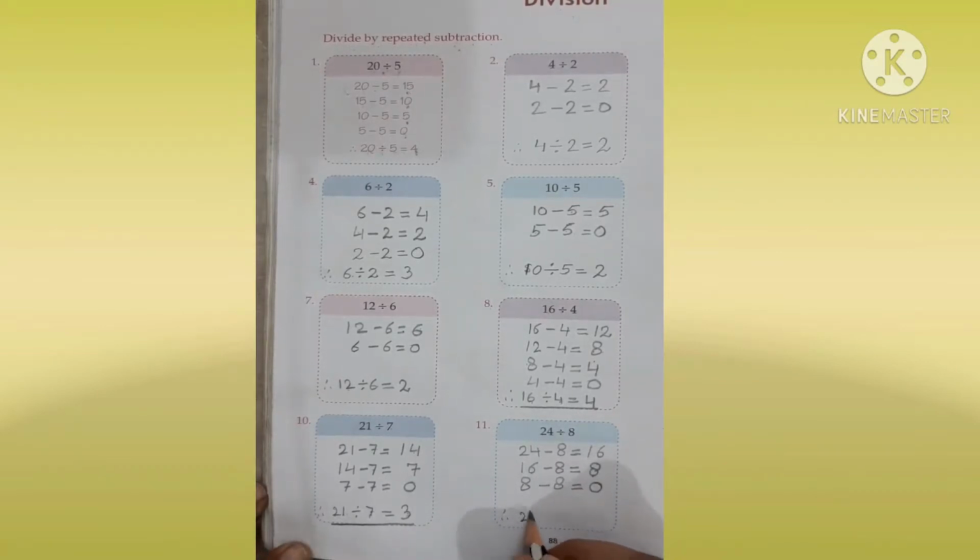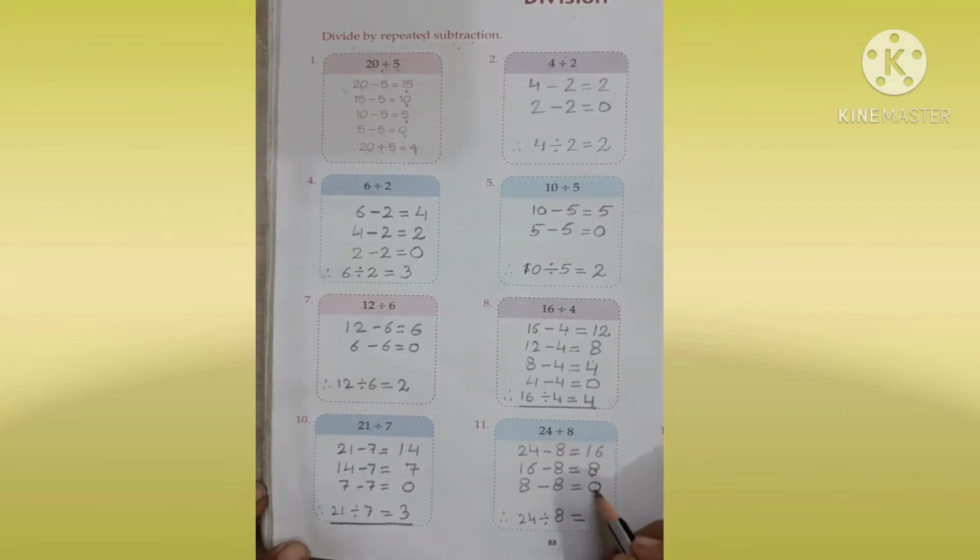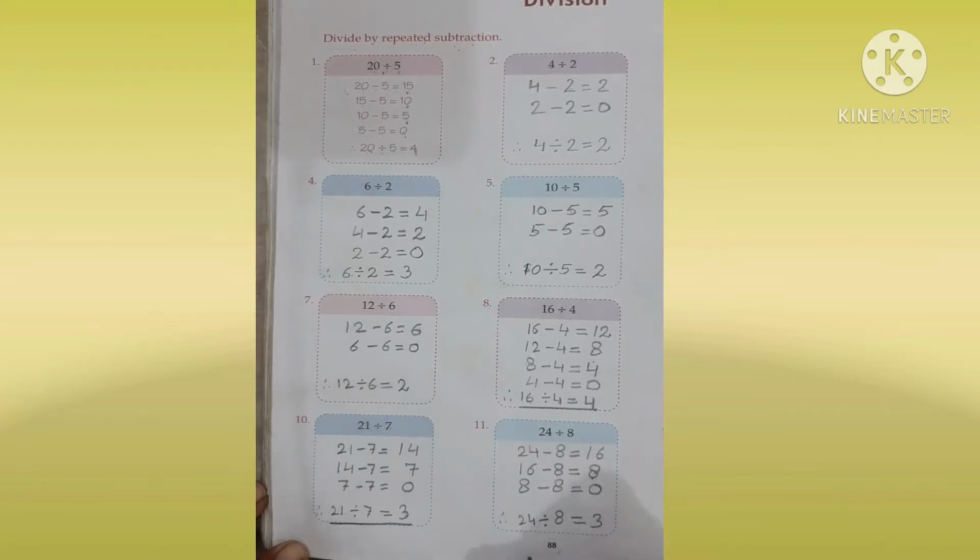So 24 divided by 8 is equal to 1, 2, 3. 3. So 8 3s are 24. Answer is 3. When you divide 24 by 8, you will get 3.